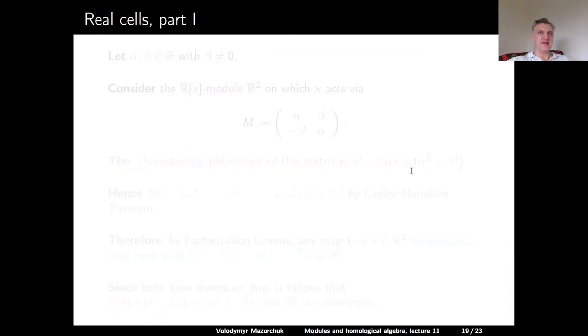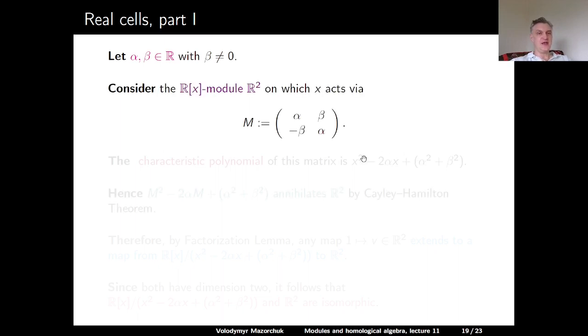In order to formulate an analog of Jordan cell decomposition over R, we need to define the so-called real cells. So let alpha and beta be real numbers with beta non-zero. Consider the module R2 over the polynomial algebra, on which the variable x acts via the matrix (alpha, beta; minus beta, alpha).